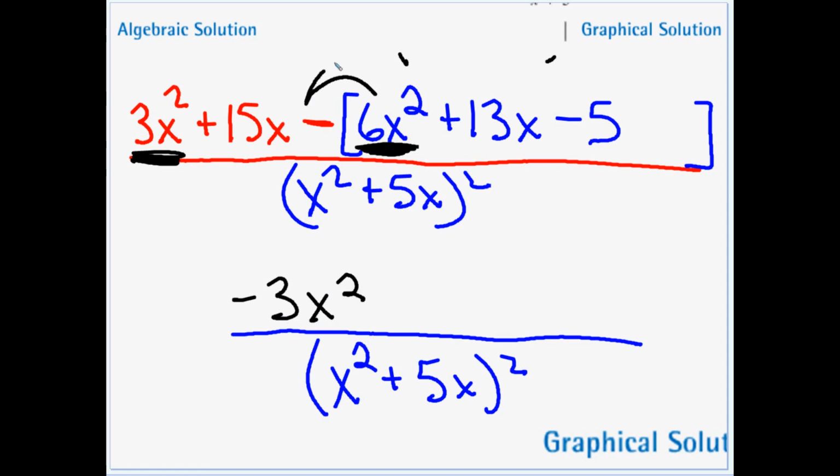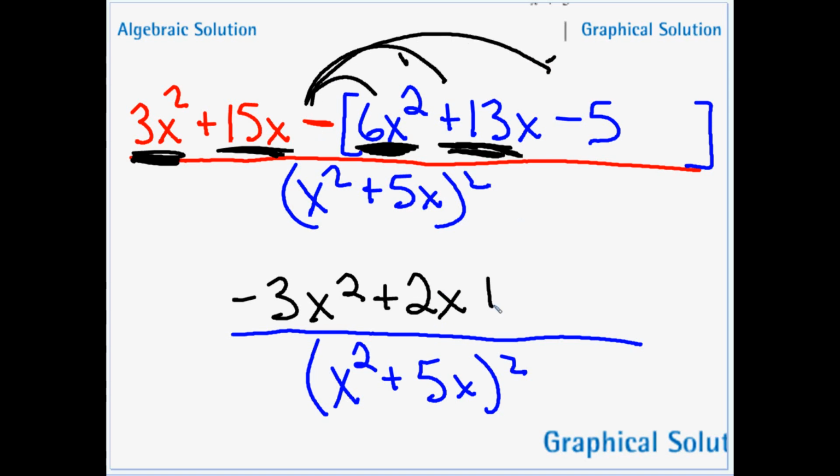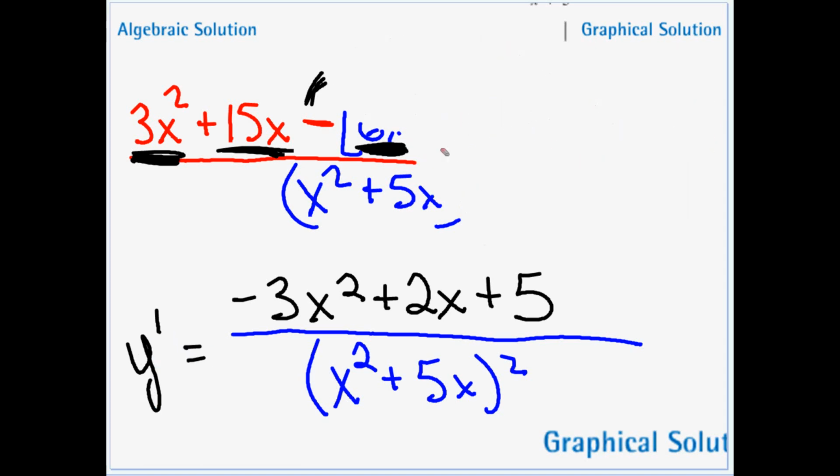We'll distribute the negative here; that will be a minus 13x. 15x minus 13x will be a plus 2x. And we distribute the negative to the 5, where it becomes a plus 5. So there is our derivative. Was I using y prime or dy dx? Whatever, there we go. So we've got our derivative.